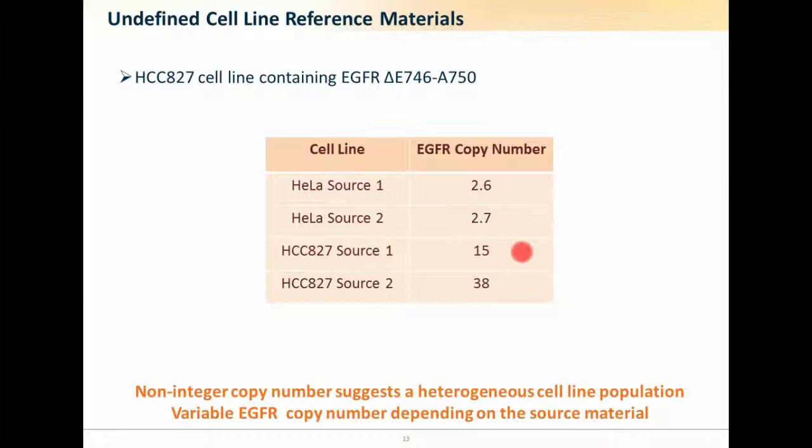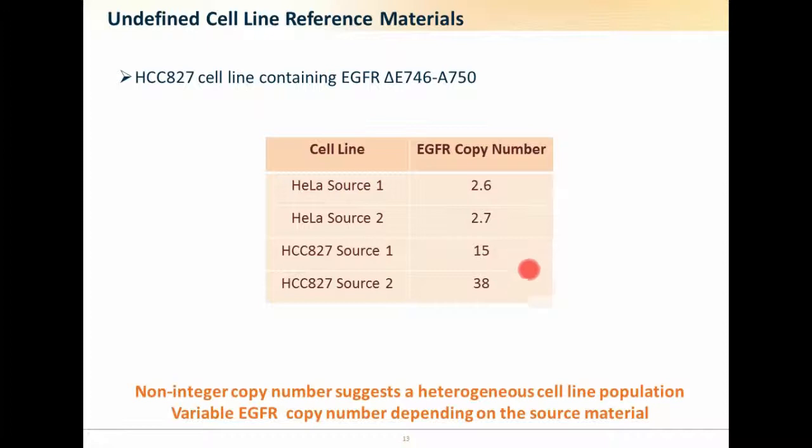We then brought in a cell line also classified as HCC827 from a different source. When we tested the copy number of that cell line, it came out at 38.